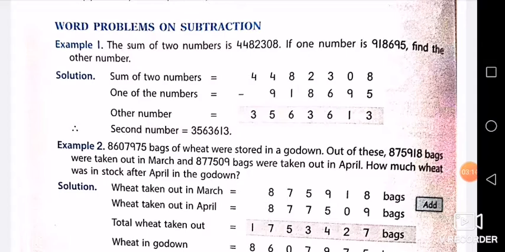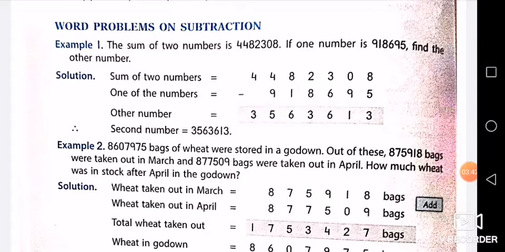Fine, if it is given the total population of a village, as I told you in the example in addition also, that total population is not given, number of men, number of women and number of children will be given in a village, and you have to find the total population. So in that case also you were doing addition when finding the total population.